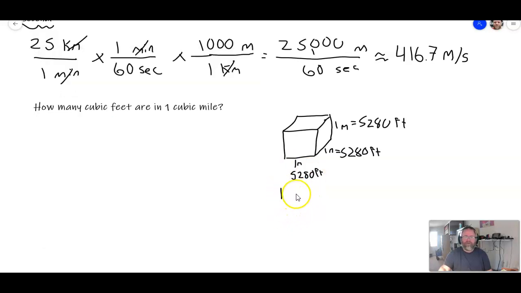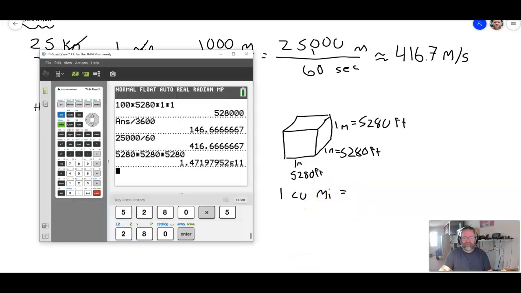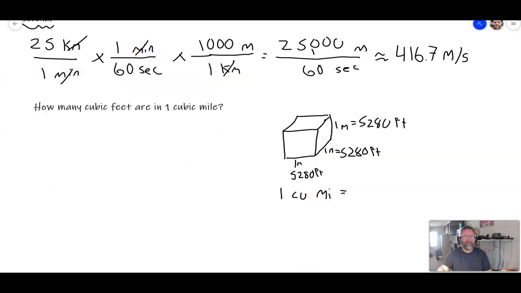So we know that 1 cubic mile is equal to, and let me bring the calculator on the other screen so I can see it while I'm writing, and this is 147,197,952.